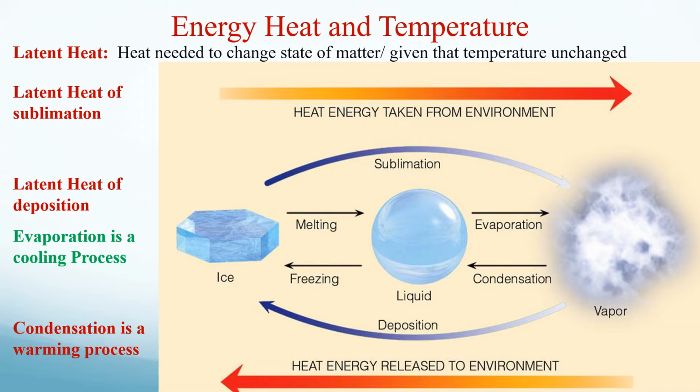Latent heat is the amount of heat you need to change the state of matter, but sensible heat is the amount of heat you need to raise the temperature of a substance. For latent heat, we can say that ice melts into liquid. But ice is 0 degrees centigrade and liquid water is also 0 degrees centigrade. The amount of heat you need in this process is called latent heat.